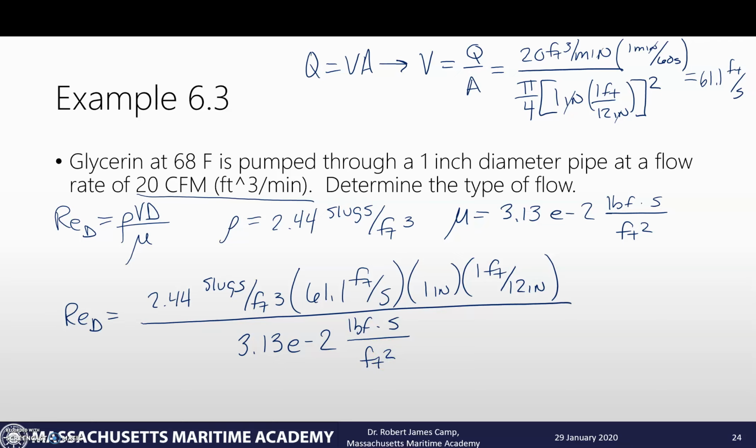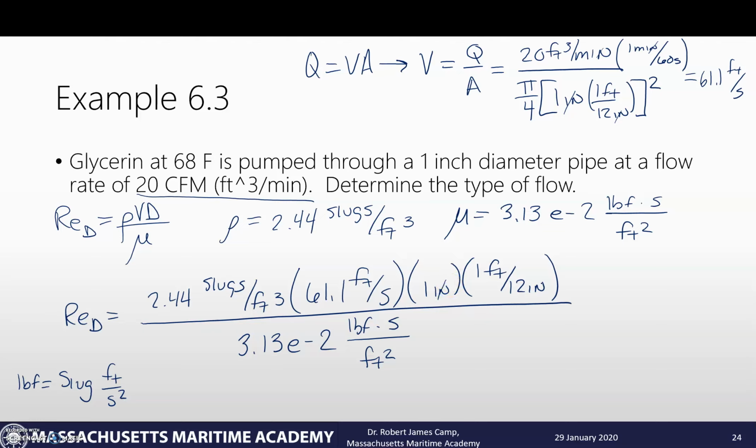Slugs, pounds force, there's a relationship, F equals MA. So let's go here and just remind ourselves, so 1 unit of force is 1 unit of mass times 1 unit of acceleration. So a pound force is a slug times a foot per second squared.